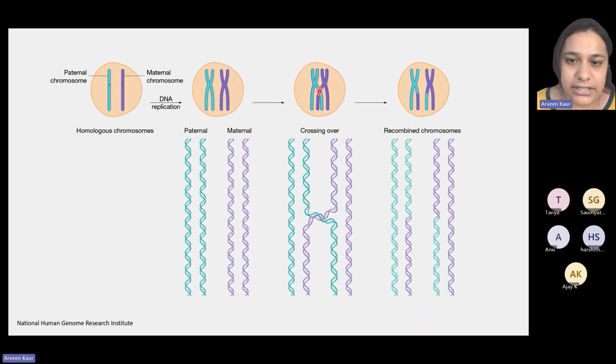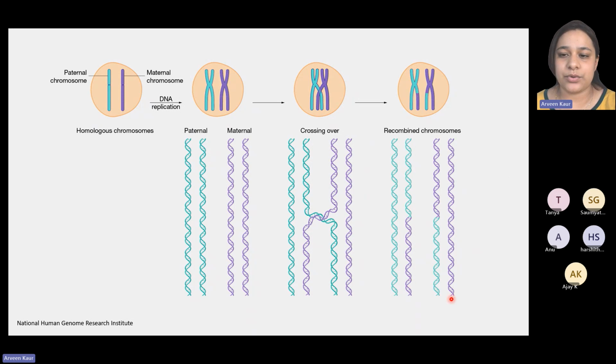They are physically joined at one locus, and ahead of this locus they exchange their DNA, right? Why is it important? Because it brings heterogeneity, or new features, into our genes. So we are not exact replicas of our parents. We are somewhat like our father, somewhat like our mother. It is because of homologous recombination.